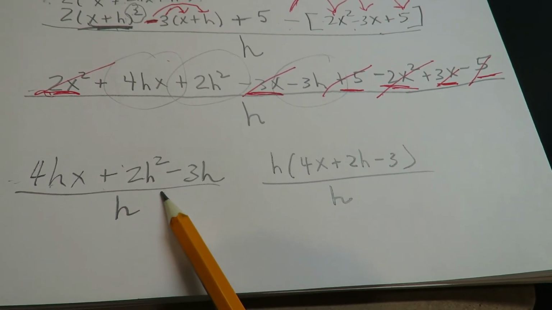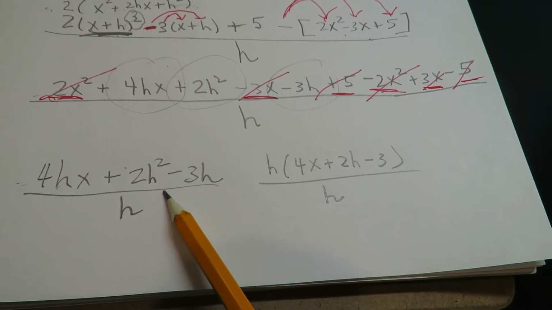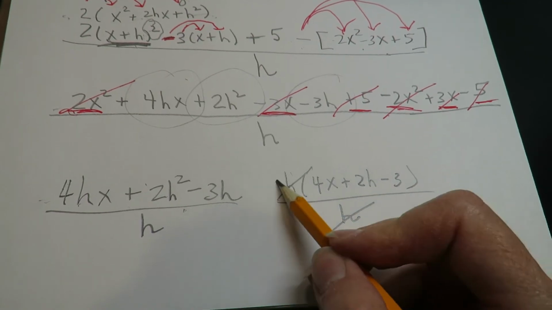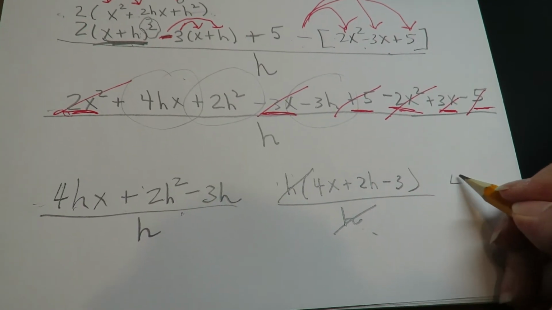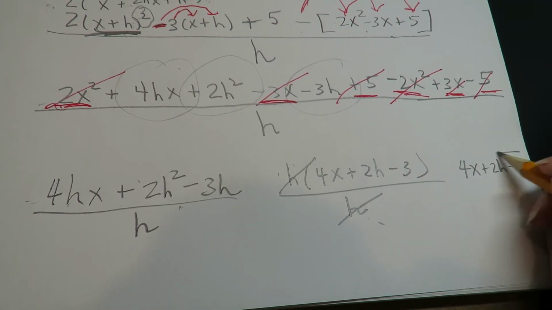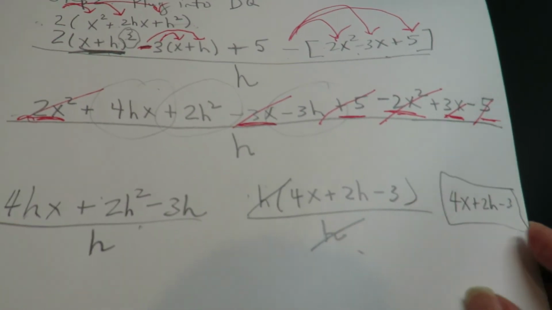Since the answer is a fraction, you have to make sure that it's in lowest form. So lowest form can have no common factors. So I'm taking out the h over h, and I'm left with 4x plus 2h minus 3, which is the final answer.